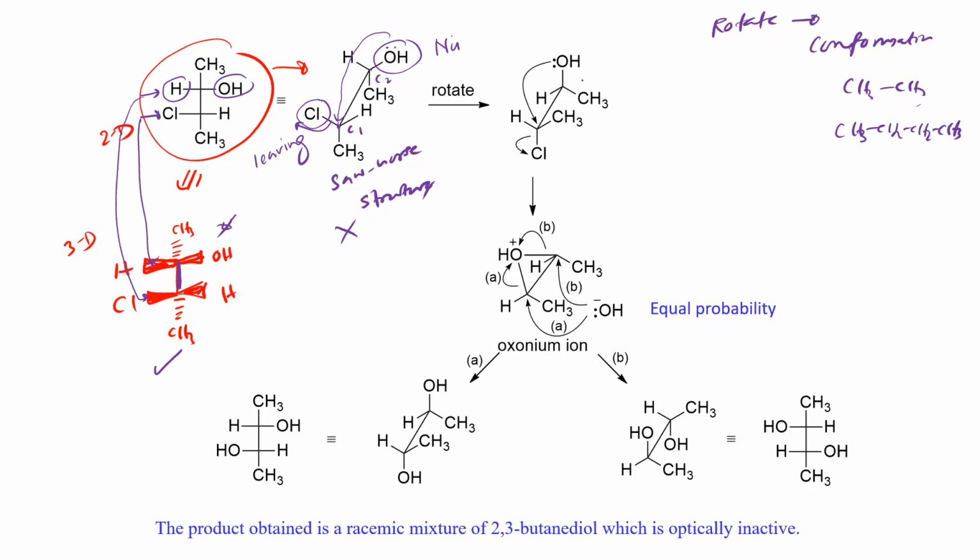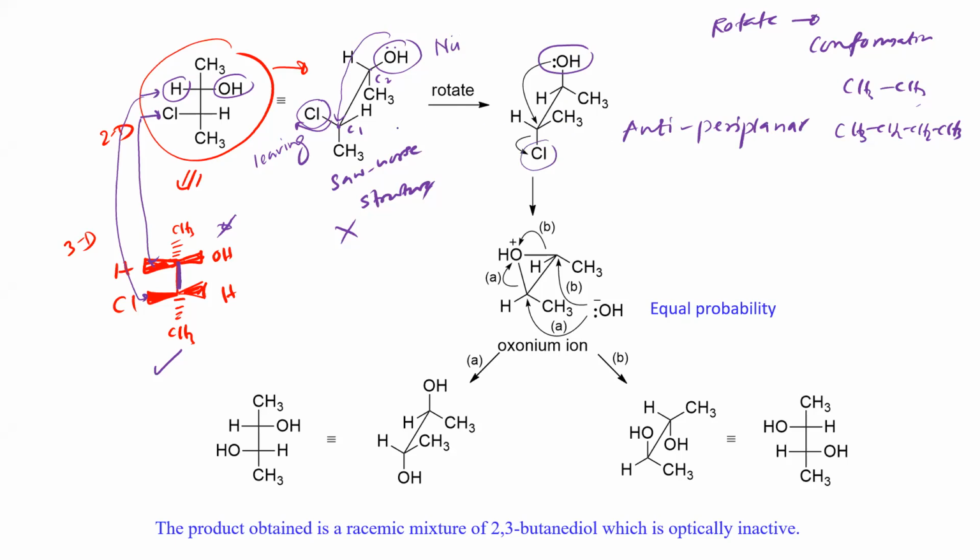But when you have this situation, I hope you remember we learned something called anti-periplanar during elimination reactions. So this reaction will take place when hydroxyl and chlorine are anti-periplanar to each other.